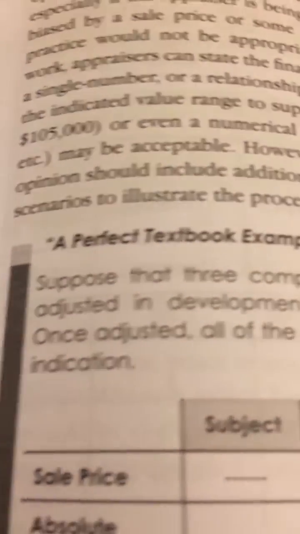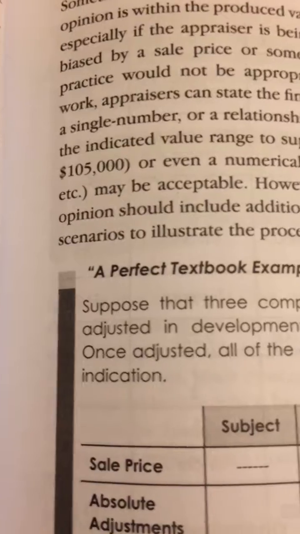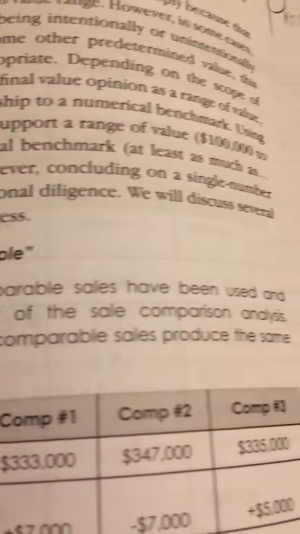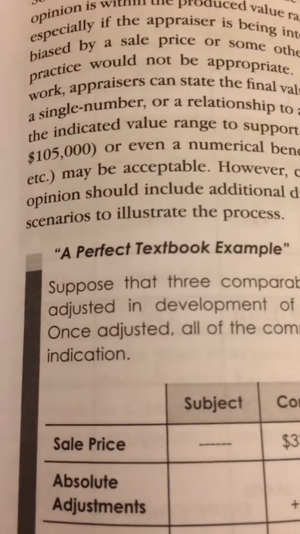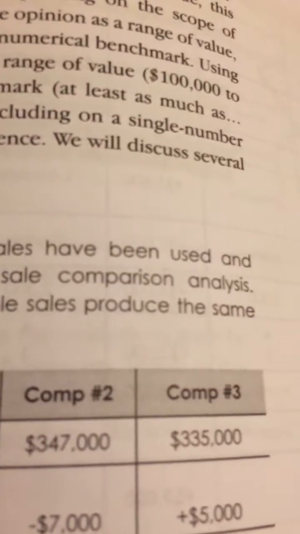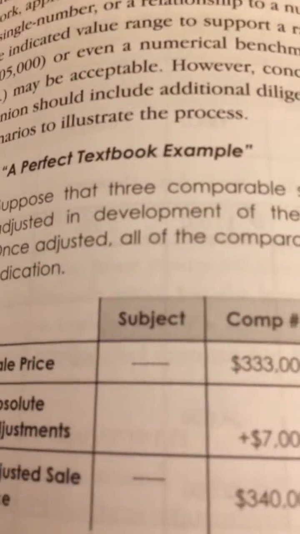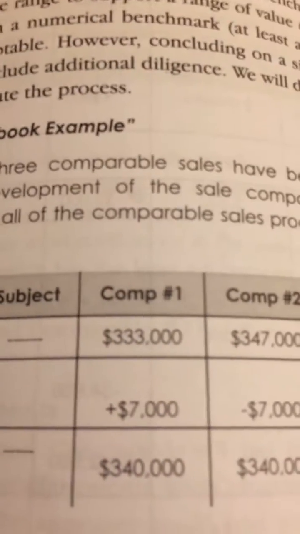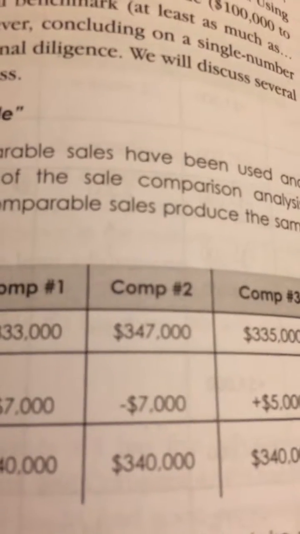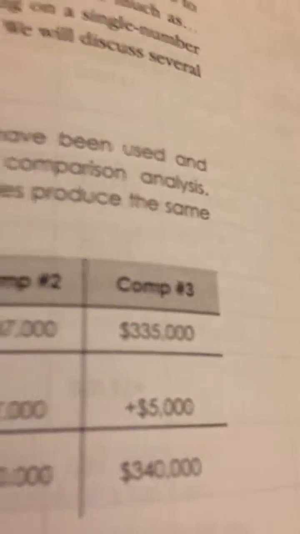A perfect textbook example. Suppose that 3 comparable sales have been used and adjusted in development of the sales comparison analysis. Once adjusted, all of the comparable sales produce the same indication. Sale price, subject, comp 1 is 333,000, comp 2 is 347,000, comp 3 is 335,000.